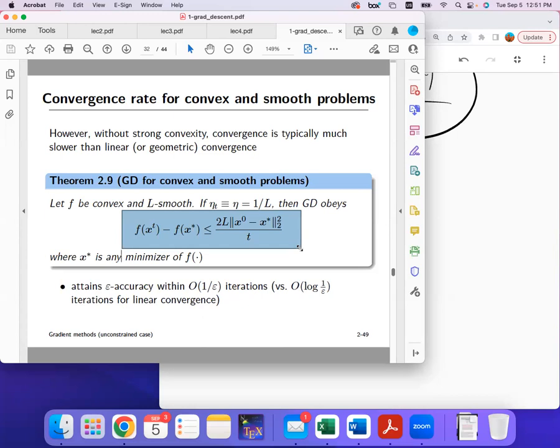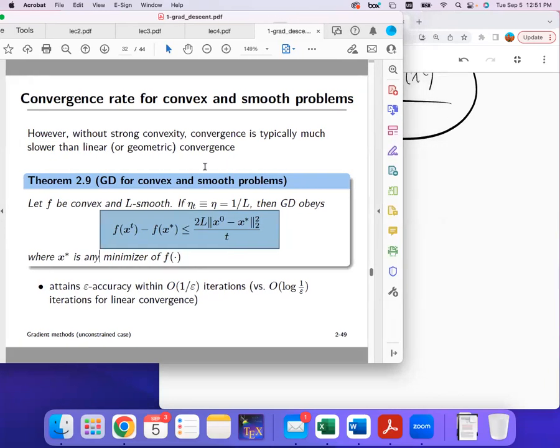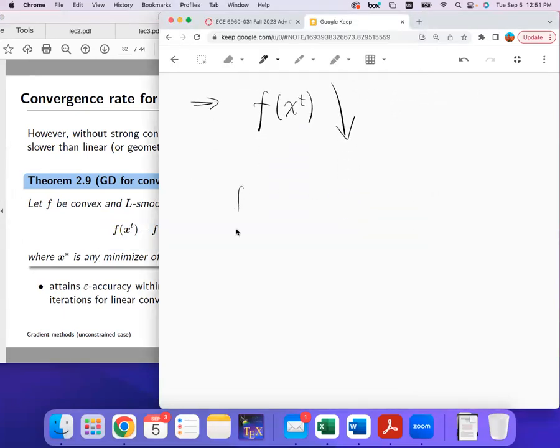This rate shows that the function value is decreasing at roughly 1 over t. So f(x_t) minus f(x star) is roughly 1 over t.